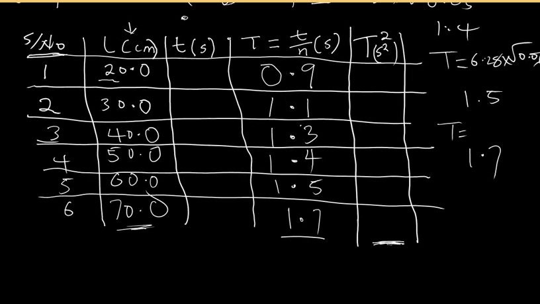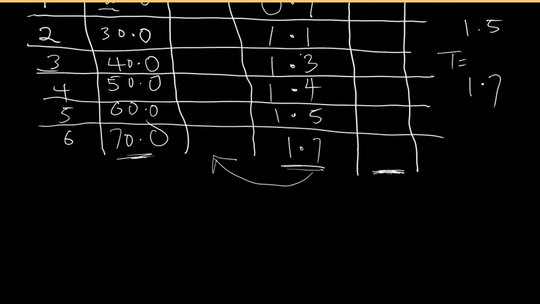Remember, if you're conducting a practical, you need the time for the number of oscillations to get the period. But now we are using theory, so we are going the other way around. We need the period to get the time. I hope you understand that.